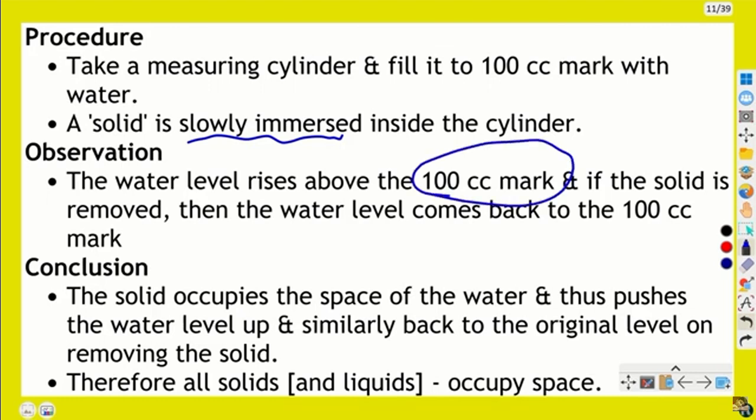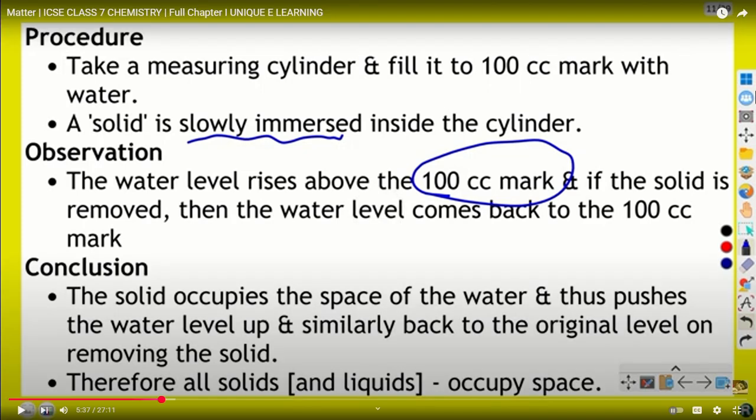Observation: the water level rises above the 100 cc mark, and if the solid is removed, then the water level comes back to the 100 cc mark. There are two examples for this procedure and observation.